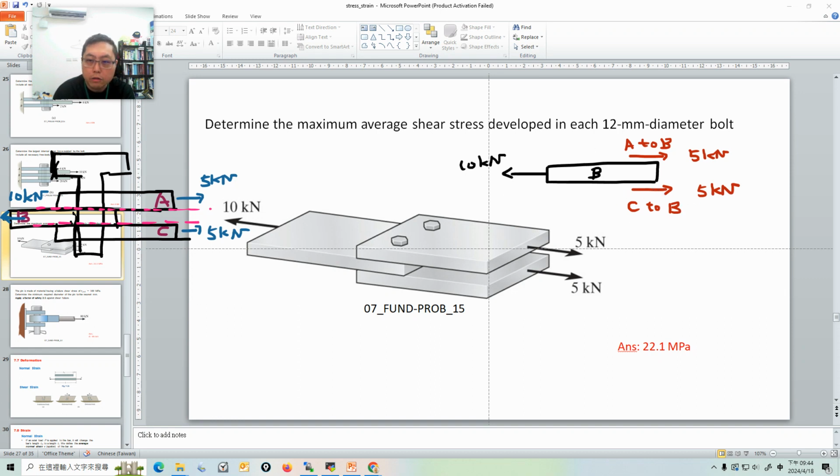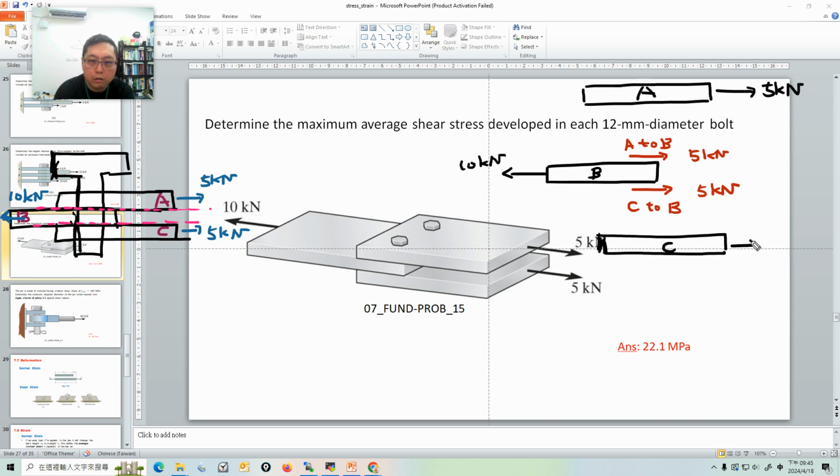So we can keep moving. B contacts A, and B also contacts C here. On A, and there is an external force on C, it's here.